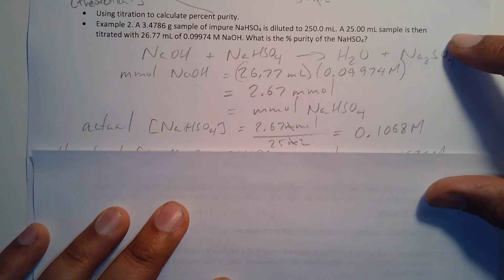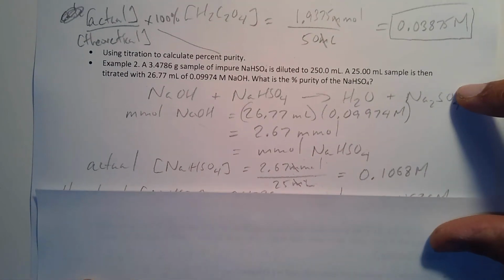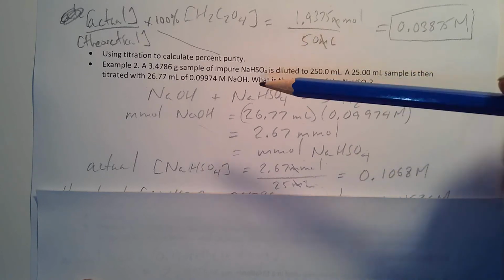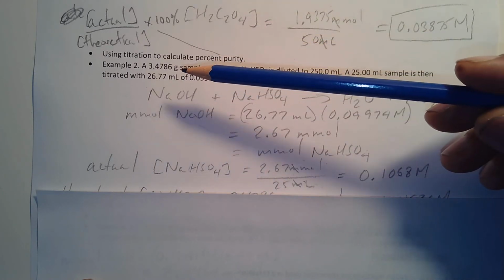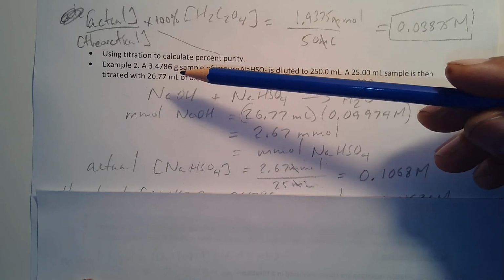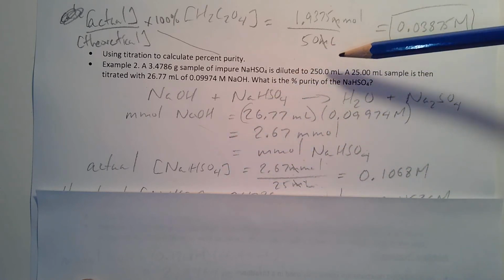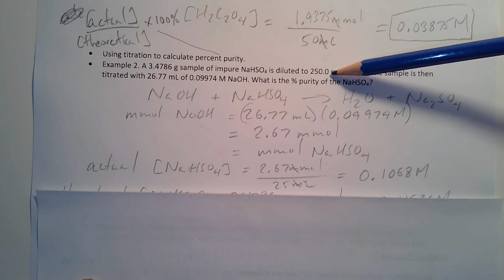0.1068. So that's the actual, and we want to divide that by the theoretical. The theoretical we figure out by getting the moles of this: take that mass, divide it by the molar mass of NaHSO4, and then divide that by the volume to get the theoretical concentration.